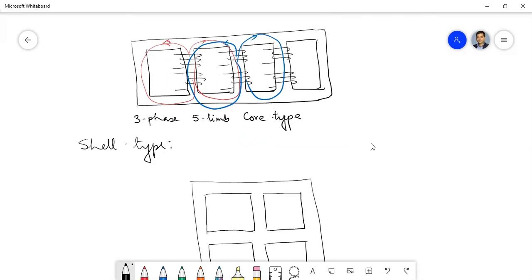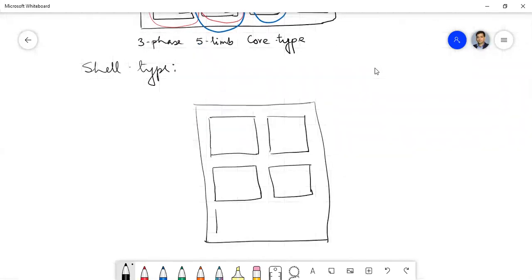স্যার একটা কোশ্চেন করবো? বলো। স্যার ওই থ্রি ফেজ 3 লিম্ব কোরে যে আপনি বললেন, ওখানে B ফ্লাক্সের MMF টা খুব কম কারেন্টের জন্য ম্যাগনেটাইজ হচ্ছে, A আর C এর থেকে। তাহলে আমরা কি করে ব্যালেন্স করি?